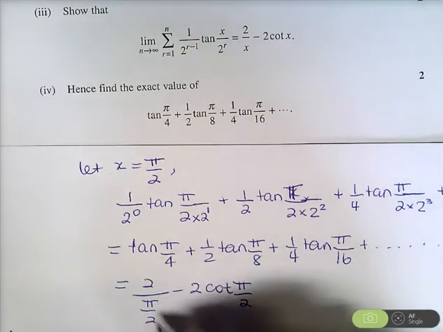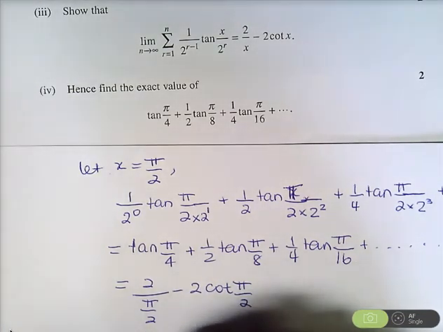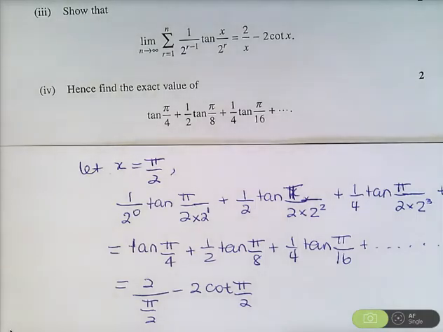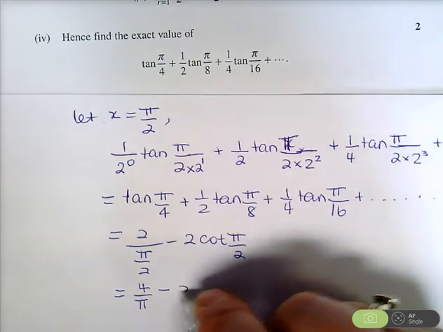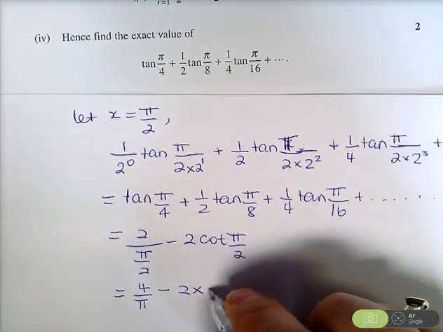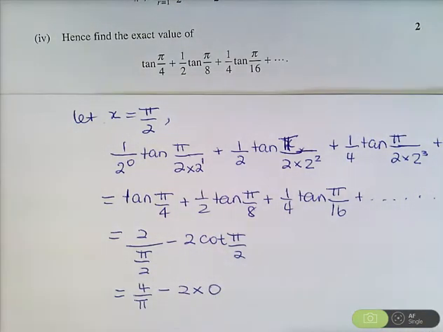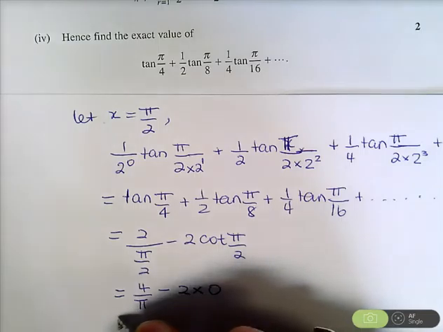2 divided by pi on 2 is 2 times 2 on pi, which is 4 on pi, minus now, cot of pi on 2. So again, 4 on pi minus 2 times, now the cot of pi on 2 is 0, so it's 4 on pi.